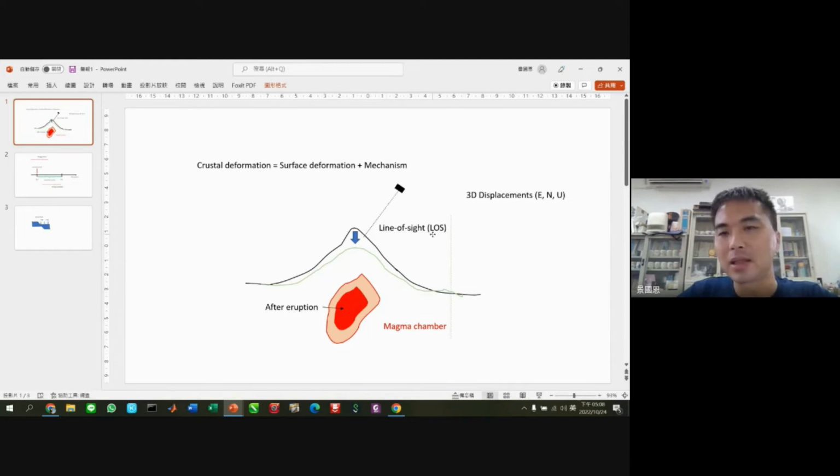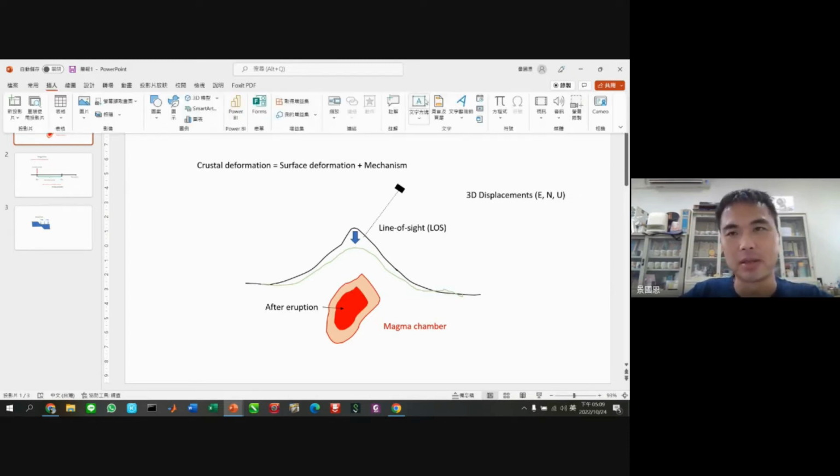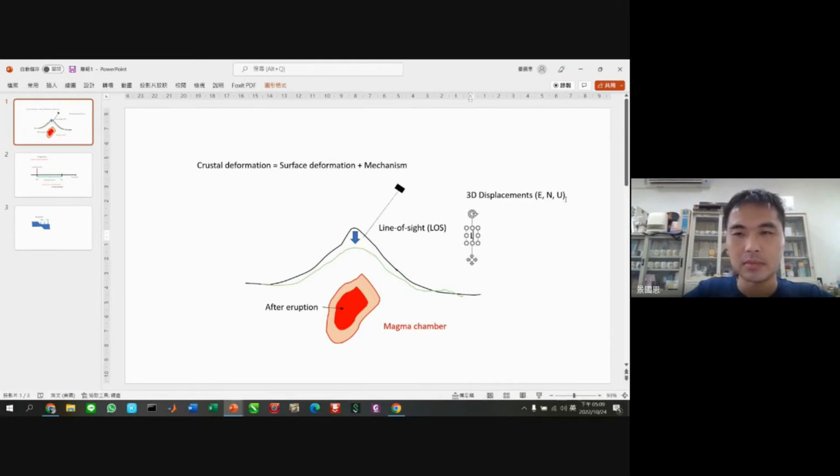Okay, I guess that is what you learned in the previous course. So here we have three components, 1, 2, 3. We have three components for the three-dimensional displacement. But the line of sight displacement is one component.